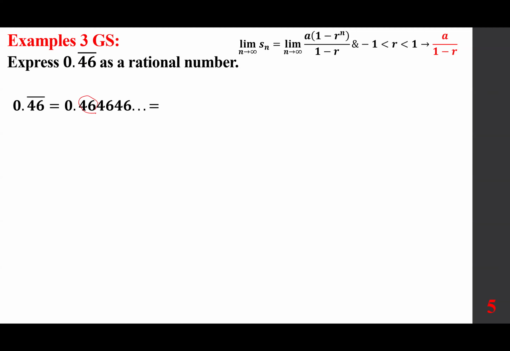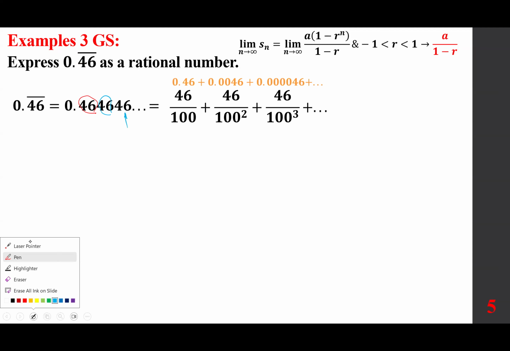So we have this part, 0.46 or 46 over 100. We have this part, which is 0.0046 or 46 over 10,000. We have this part, and we can write them either in a fractional format or a decimal format. And I'm going to look at both cases.